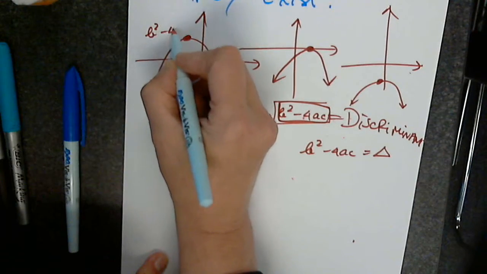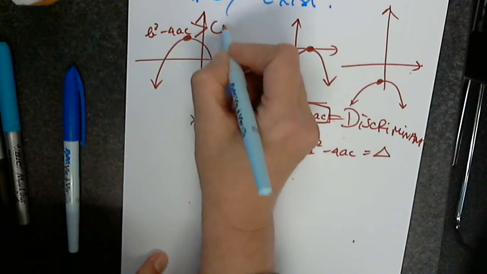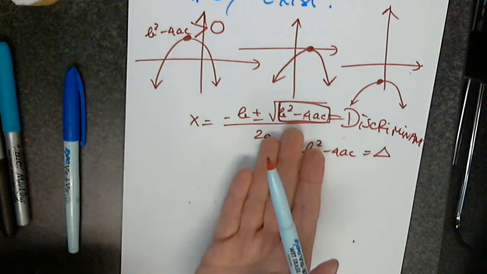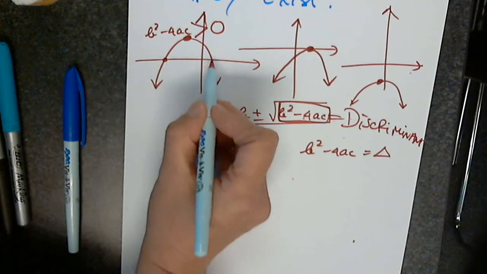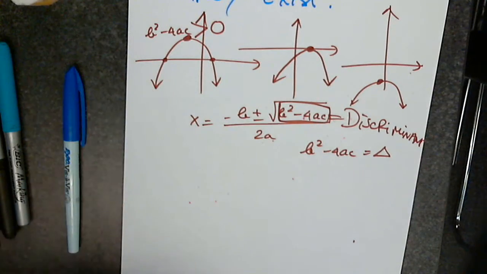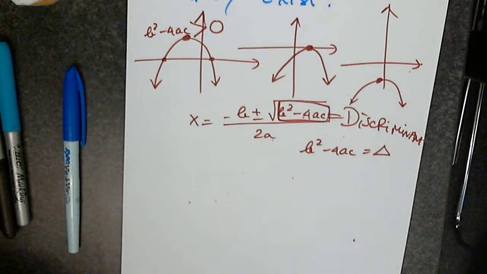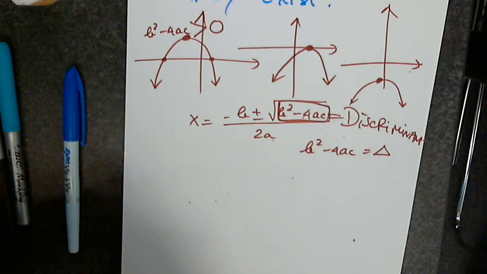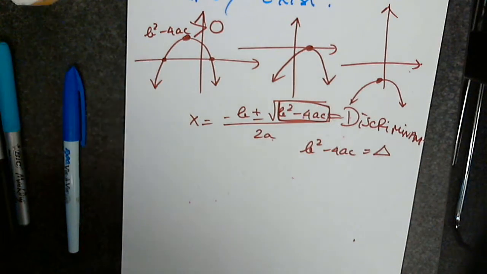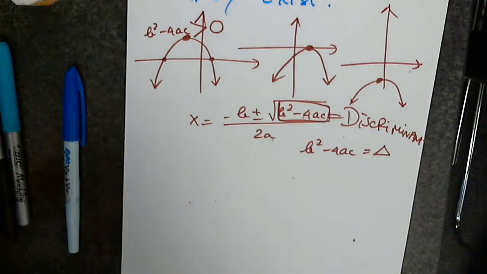So b squared minus 4ac is definitely a positive number here because I can take the square root of a positive number and I will get 2 solutions, an x1 and an x2. How much does b squared minus 4ac equal in this situation? If there is only one solution, actually 2, but they are both the same, it must be 0.